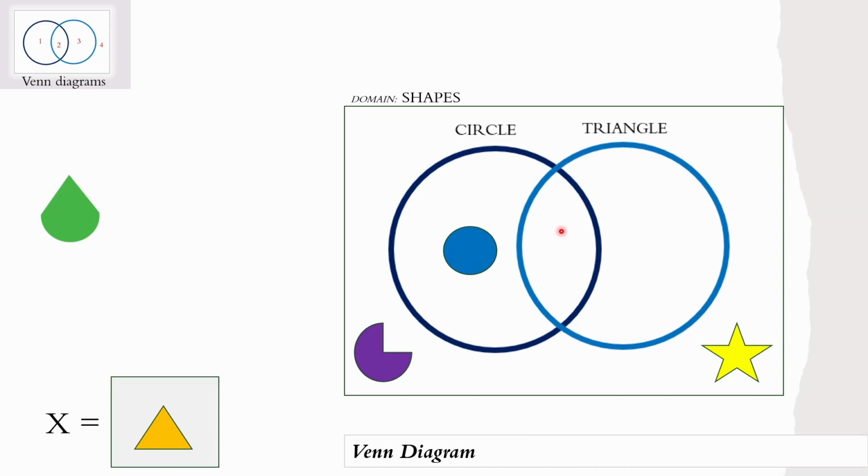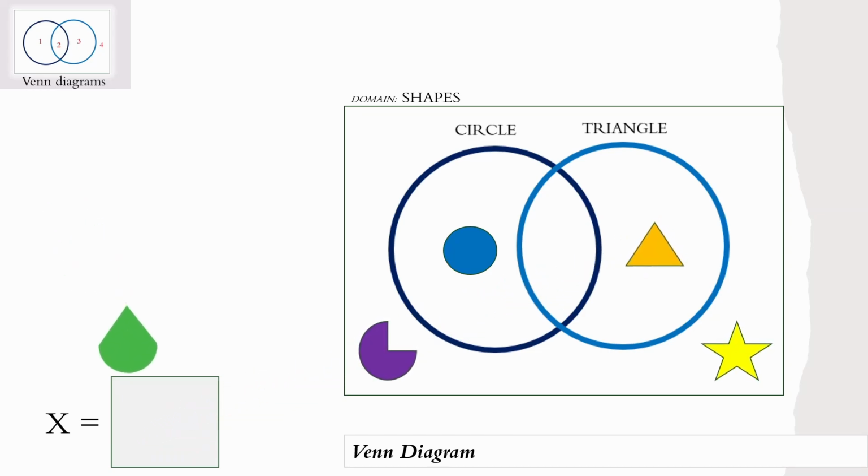Now, to say that it goes into region 2 would be to say it qualifies as a circle, but of course it doesn't, because it has sides and vertices, and circles can have none of those features. So in order to stay inside the triangles with the other triangles and outside the circle, we have to put it into region 3. So we'll put it there.